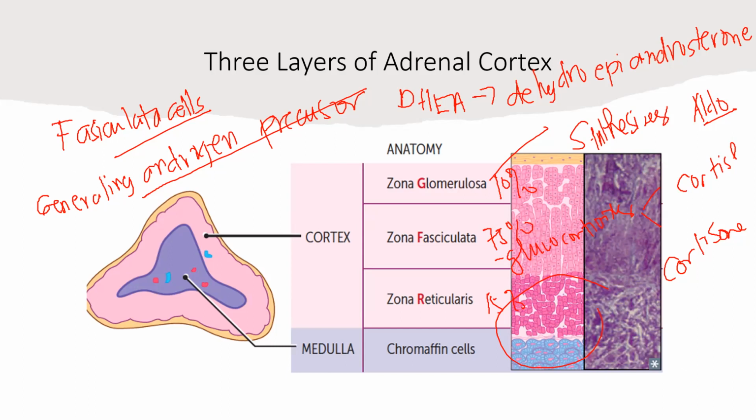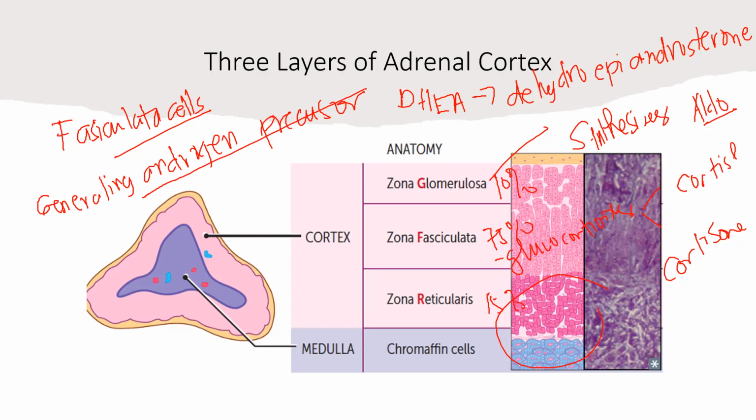And lastly, in our adrenal medulla, we have your chromaffin cells. If you still remember, the chromaffin cells are important cells doon po sa ating urinary metabolite na 5-HIAA, 5-hydroxyindoleacetic acid.